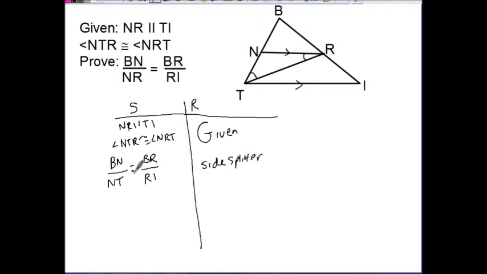Now, for this, we have the BN part of what we're trying to prove, the BR, and the RI. We have to work in this NR, and I have to get out this NT. What I'm looking at in my triangles are the sides opposite the congruent angles. Let's say NT is congruent to NR, if sides then angles.